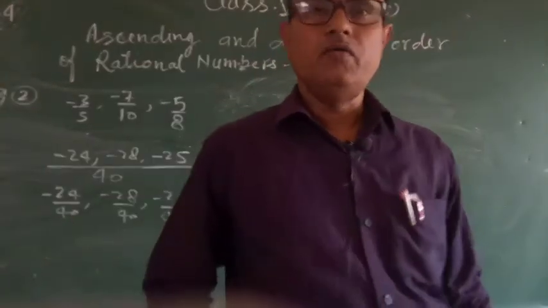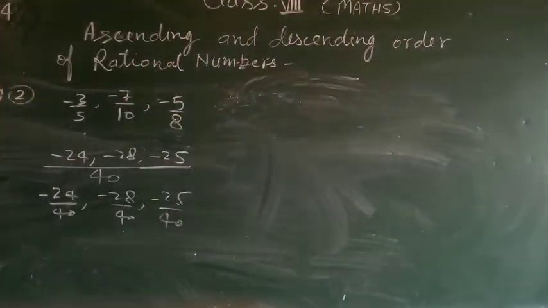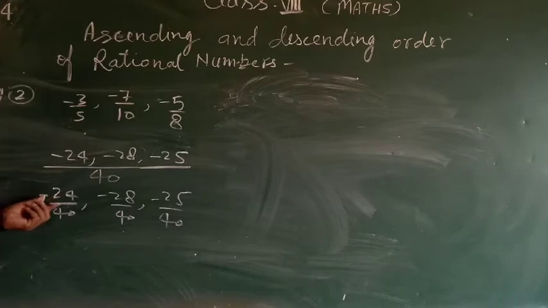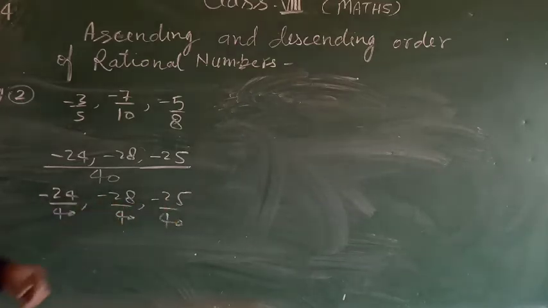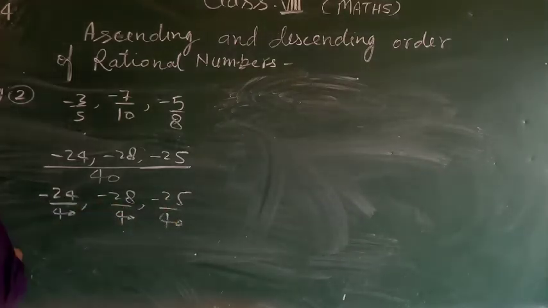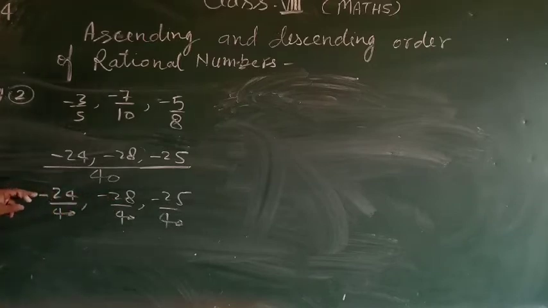After this, minus 24 is greater than minus 25, and minus 25 is greater than minus 28, because in negative numbers the highest number is smallest and the lowest number is greatest.